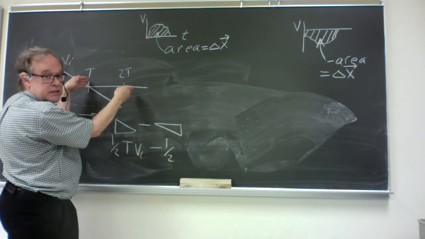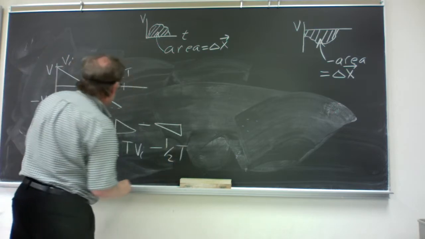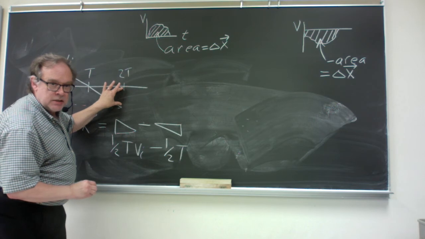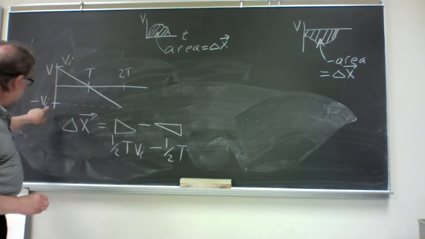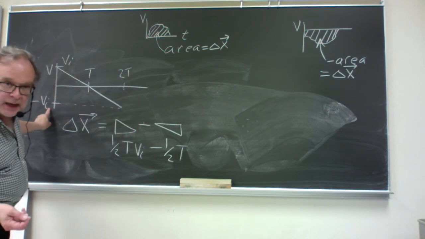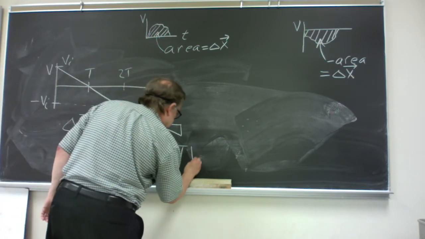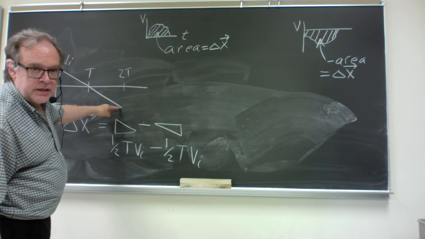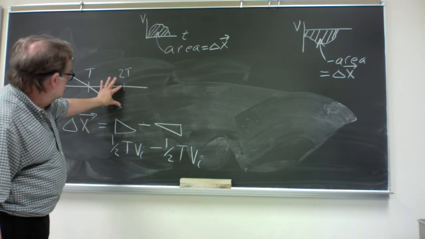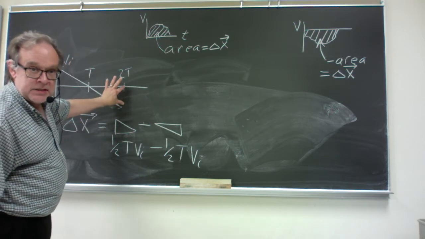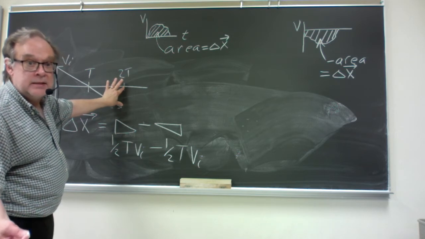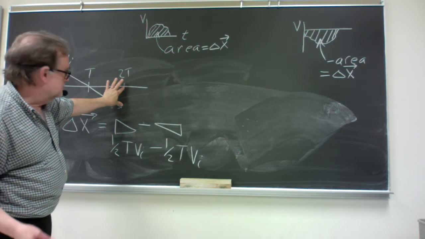This length is again t seconds, and the height is again vi. The numerical value of velocity at this point is minus vi, but the length of this side of the triangle is a positive number. Length is a positive number always.